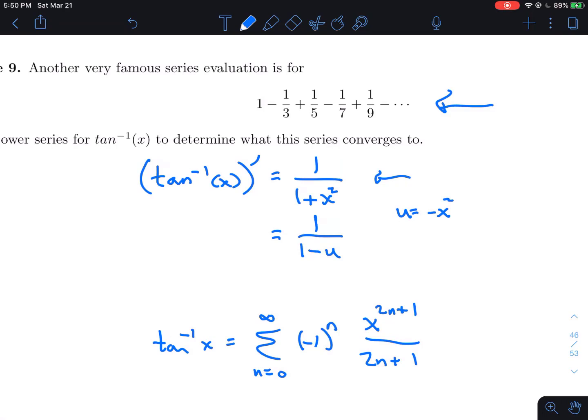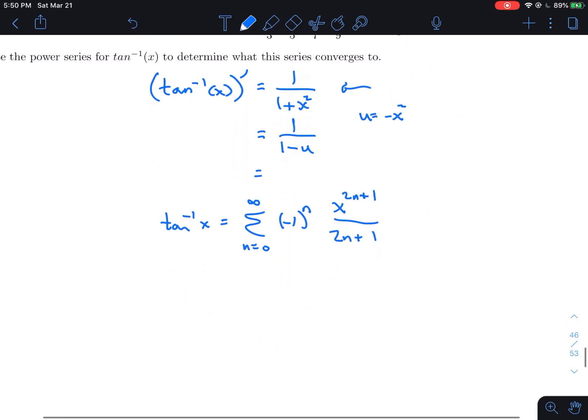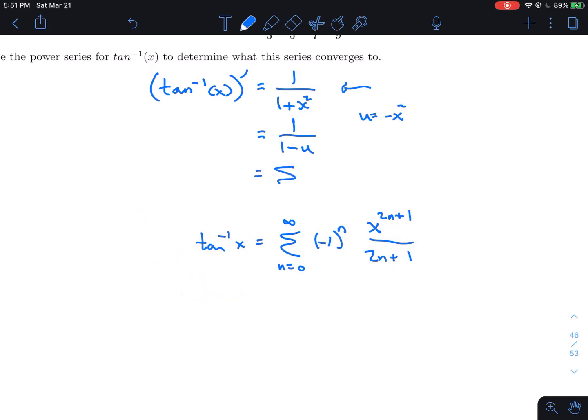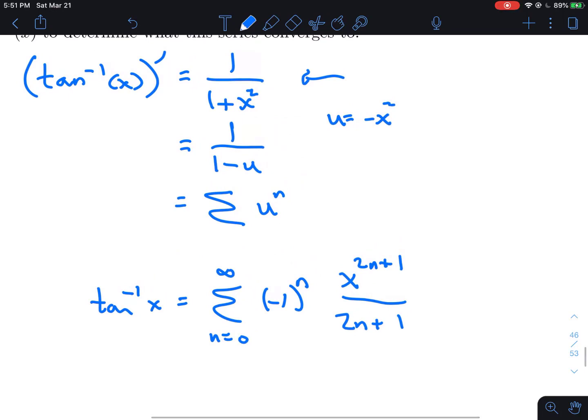So if we take u to be equal to negative x squared, remember that the infinite polynomial for this is just summing up powers of u, so u to the n. And again, remember, u is going to be equal to negative x squared. So instead of u, let me go ahead and write negative x squared to the nth power. Or if we wanted to, we could go ahead and split this up.